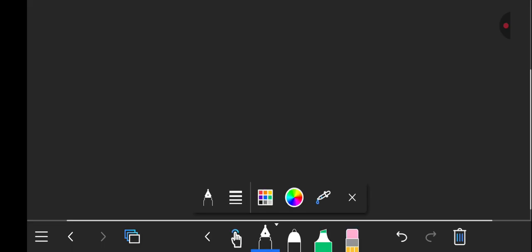So let's have a certain example. So we are talking about synthetic method.